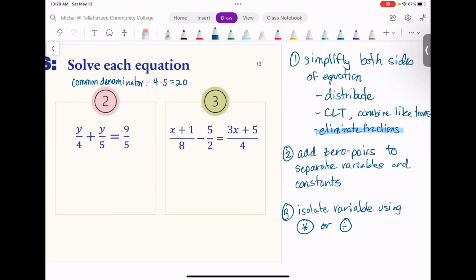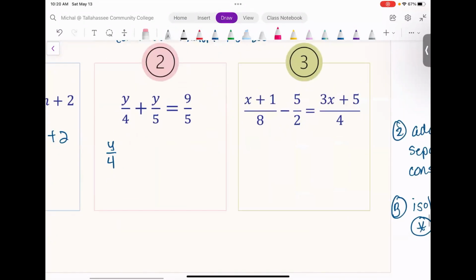So I'm going to get y/4 times 20, plus y/5 times 20, equals 9/5 times 20. Every term on both sides of the equal sign gets a multiplication. Now I can think of this as multiplying by 20/1 if it helps.